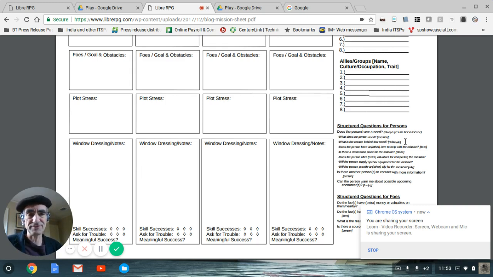So it's a two-step thing. First evaluate, does the person have an item that they're willing to give me for the mission? I want a jetpack. Can they give me a jetpack because I think it's important for this mission? Well, first you may need to make a skill check. It's an expensive thing, and your patron may not want to give you one, or it's someone who doesn't know you that well, who doesn't want to just hand you money or gear.